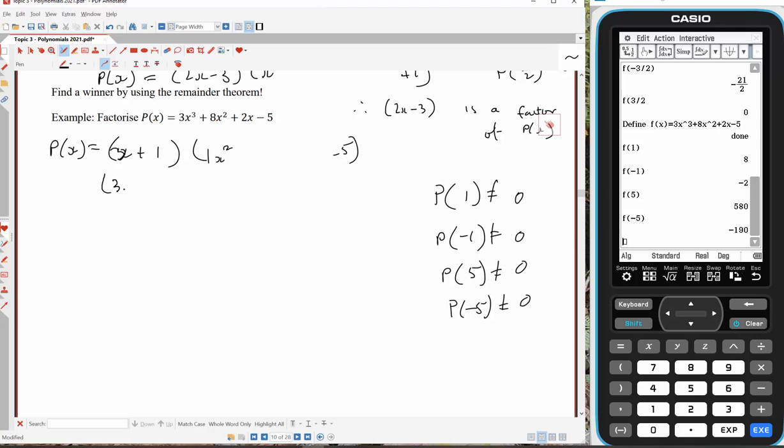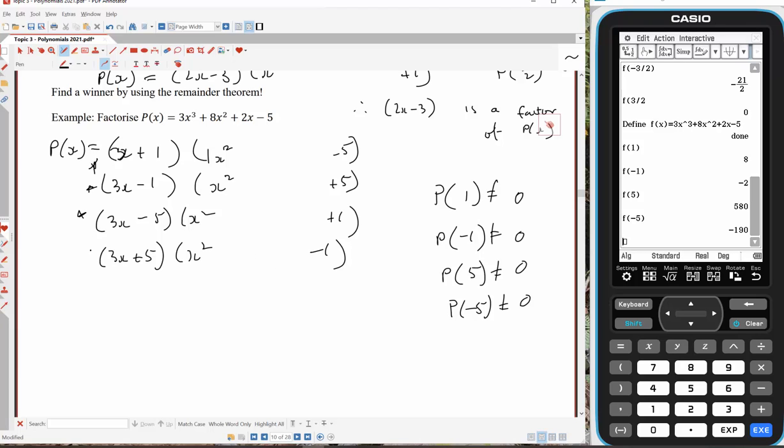Now it could be 3x take 1, which means that that is x squared, and that is positive 5. It could be 3x take 5, with x squared plus 1. It could be 3x plus 5, x squared take 1. All right, so these are our possibilities here.